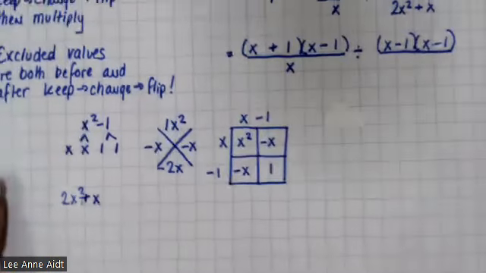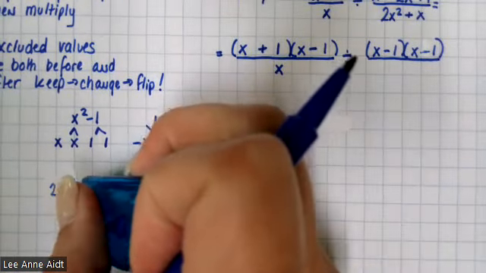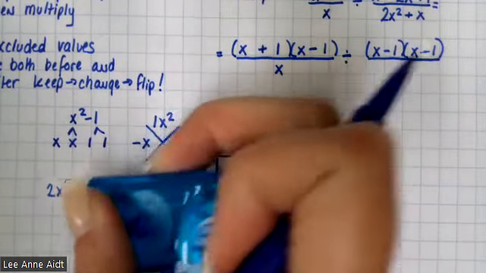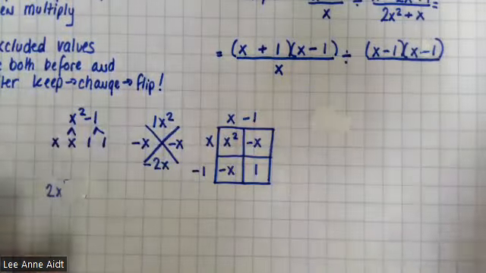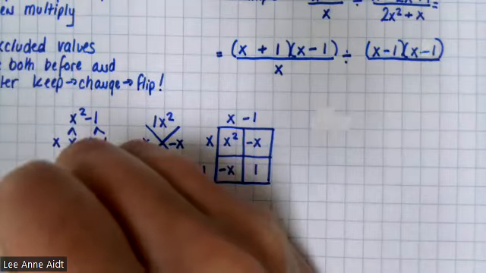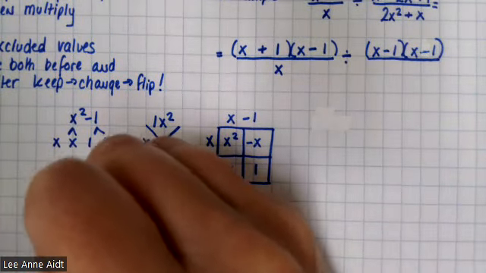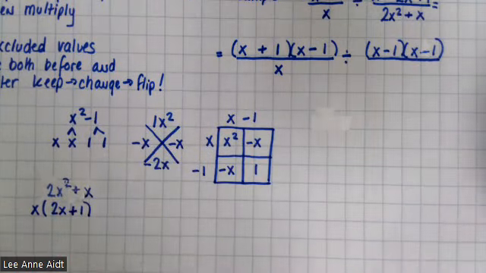I just put it down here, 2x squared plus x. Okay, this is a GCF style. The GCF is x, so I have 2x plus 1.